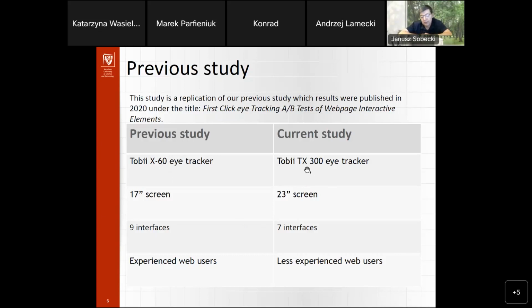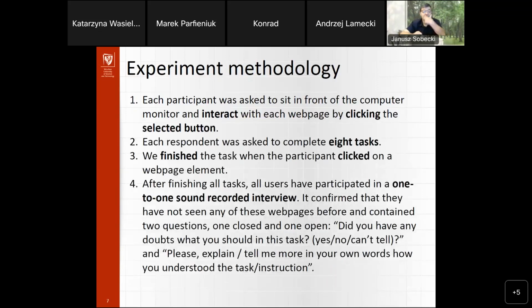And in our recent study, we used a professional eye tracker with 300 hertz. We also used a bigger screen. We reduced the number of interfaces, and we also made it with less experienced users.